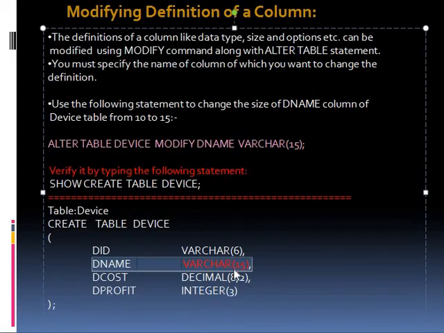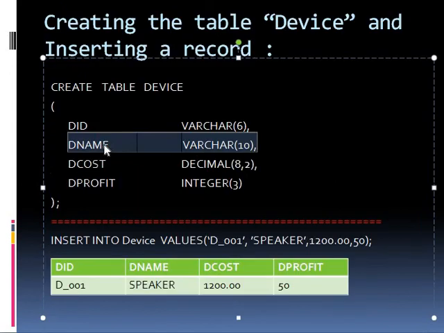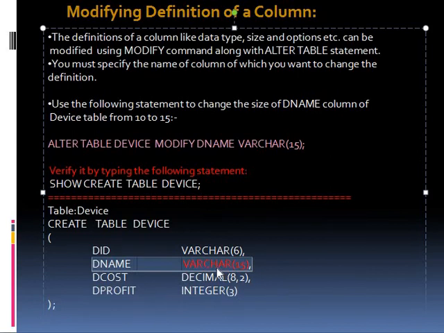into varchar 15. So I am going to put this MODIFY command in conjunction with the ALTER TABLE device statement, and as I am going to modify the column definition for the column dname from varchar 10 into varchar 15, I am going to put it like this: MODIFY dname varchar(15).